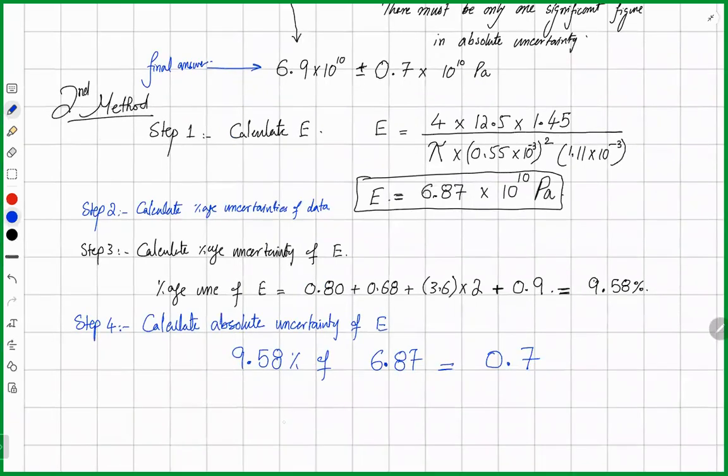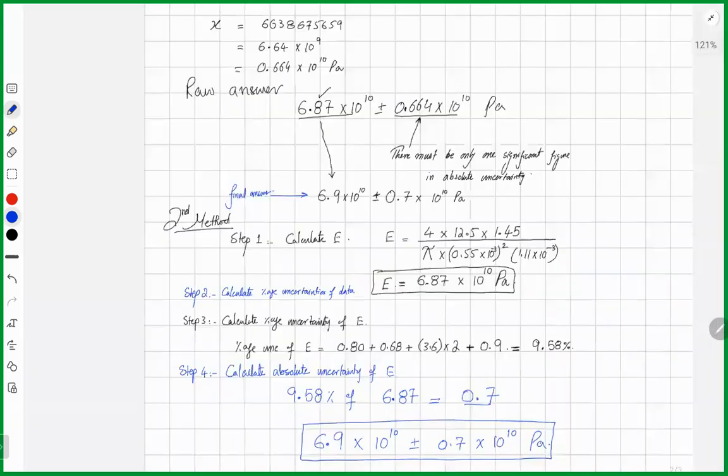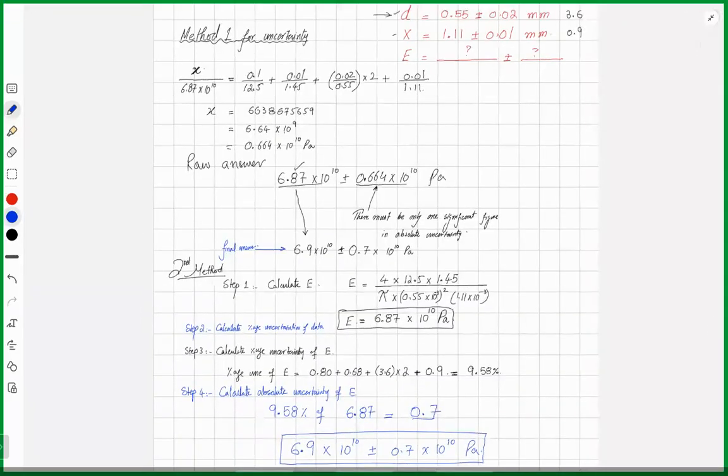We have the final answer as 6.8, which should now be rounded, because the uncertainty is in one decimal place. So we have to round off the answer in one decimal place: 6.9 into 10 to the power 10 plus minus 0.7 into 10 to the power 10 Pascal. This is the final answer. So in percentage uncertainties, we simply add the uncertainties.